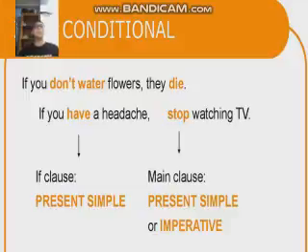Possible and probable things. Basically, the structure is this: if plus present simple, will plus infinitive. The part with if is a requirement that has to be met for a second thing to happen. Here are some examples.